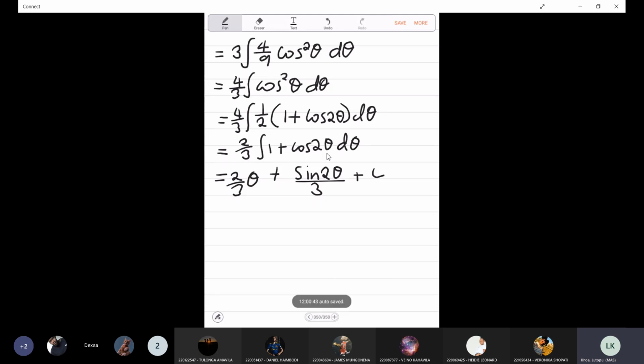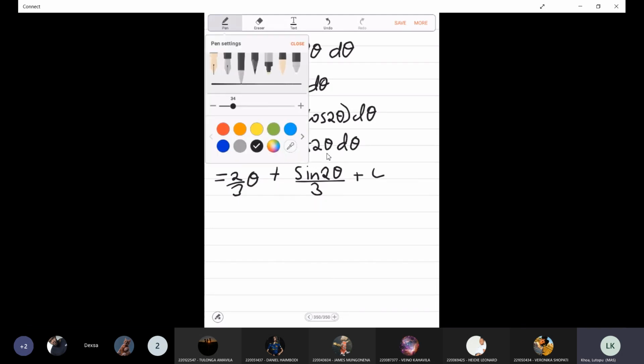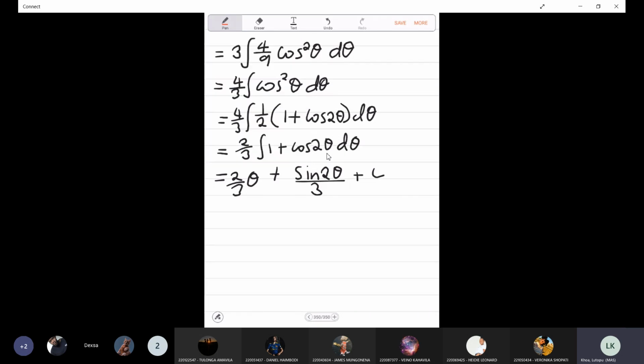Okay, then again, remember theta was a substitution we made. It wasn't there in the original equation. So we now need to rewrite everything in terms of x. So the substitution we made was that x is equal to 2 over 3 sine theta.